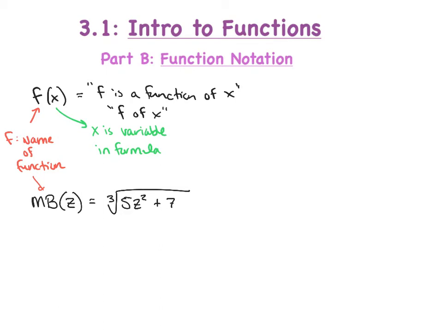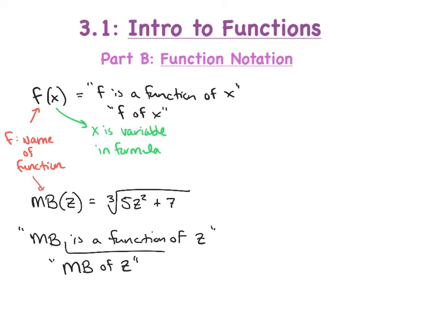For the MB function, you could say MB is a function of the variable z, or for brevity, you could just say MB of z and leave out this part here. Okay, so that's what the f of x notation is.